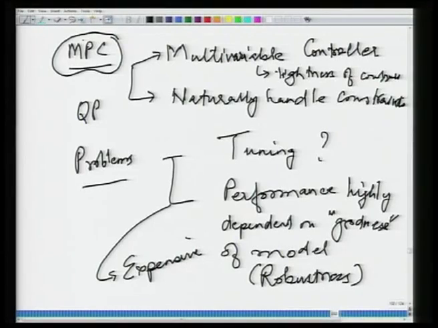Like I said before, the economic benefit that tight control and handling of constraints bring in must far outweigh the effort it will take to tune the controller, and only then is it justified to apply MPC.